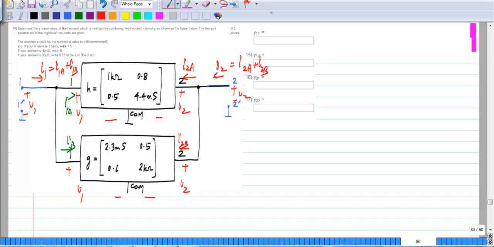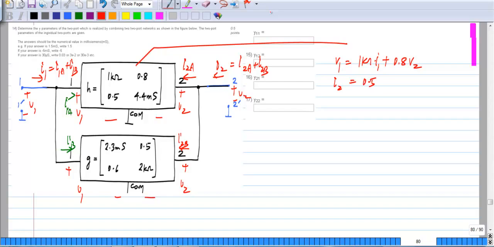The way to convert from one parameter set to another is, first of all, let's say I'll take the H parameter example. We have V1 to be 1 kilo ohm times I1 plus 0.8 times V2, and I2 to be 0.5 times I1 plus 4.4 millisiemens times V2.